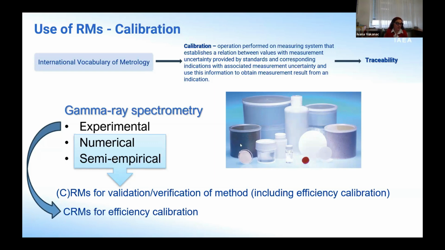In gamma spectrometry, we have several approaches for calibration, and depending on the standard or reference material we use for that, our result is traceable to a level stated in the certificate of that standard or certified reference material.